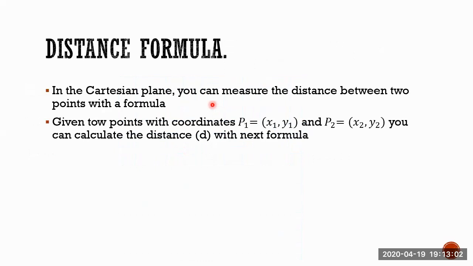So talking about the distance formula, which is an older topic we have to study, in the Cartesian plane, you can measure the distance between 2 points with a formula. Given 2 points in the coordinate plane, not necessarily there, by considering 2 points, x sub 1, comma, y sub 1, and x sub 2, comma, y sub 2, you can calculate the distance between those.